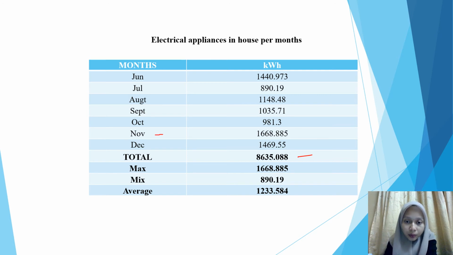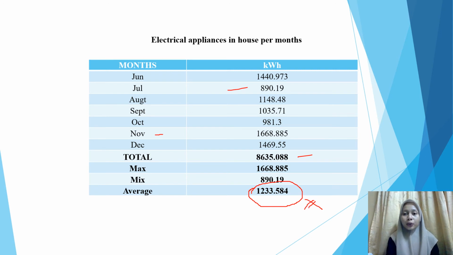The minimum is on July. So the average electrical consumption is 1,213. So this is all for my part. Thank you. I will pass the next part to my friend.